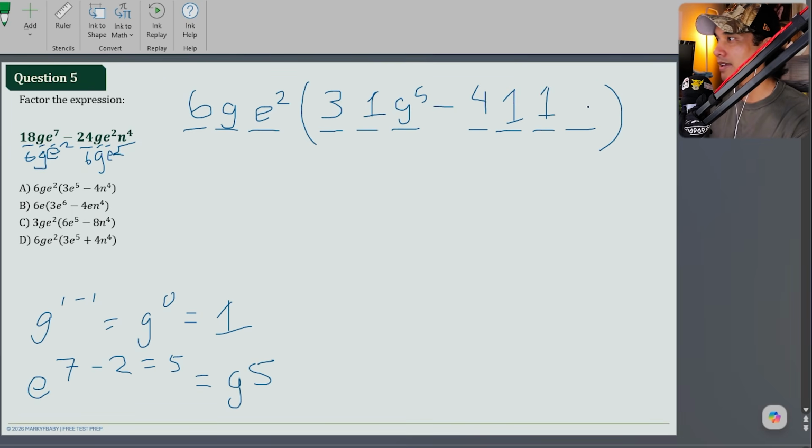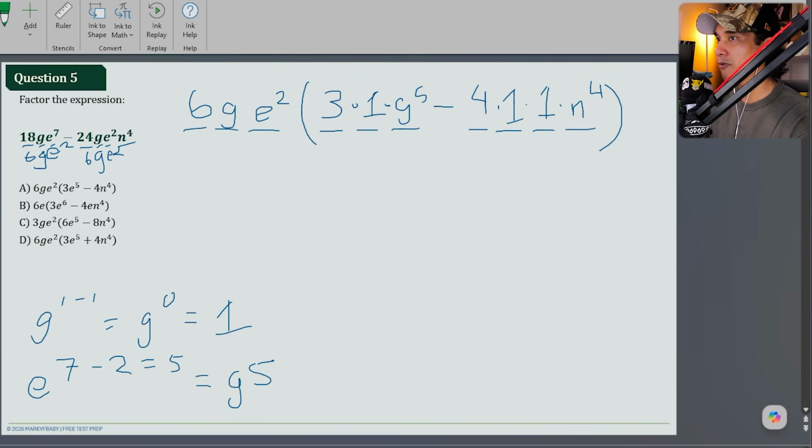Okay? And this n just gets carried over because nothing could be taken out from the n to the 4th power. So what we're left with here is 3 times 1 times g to the 5th power. And over here is 4 times 1 times 1 times n to the 4th power.